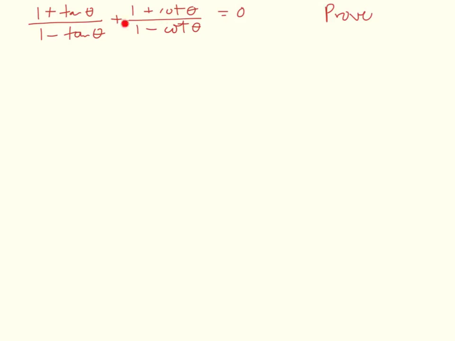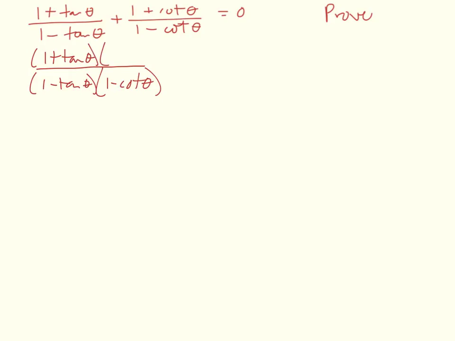If you have two fractions, might as well try and get a common denominator and see what you come up with. So the common denominator will be, for this one, 1 minus tan theta and 1 minus cotan theta. That's what I have on the bottom. Okay, and then this one already has a 1 plus tan theta.